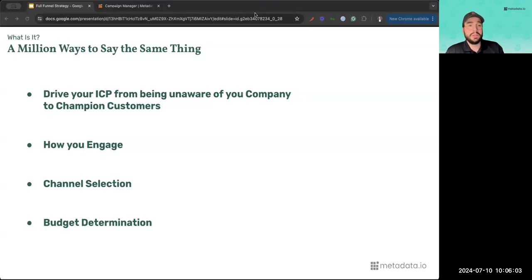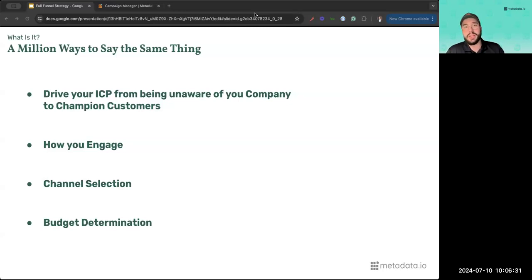Paid social and going on social channels is one thing that marketers do very often to stay up with the current trends. Cybersecurity might not as much, and you might be looking at paid social and Reddit and Quora or Stack Overflow or the different copy boards. So it really determines where you engage them, how you engage them, and also how you split your budget.